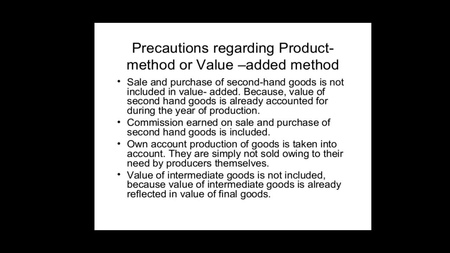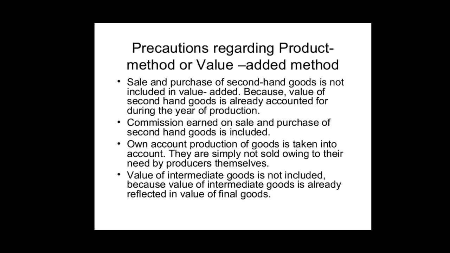Dear students, while measuring the national income by using the value added method, certain precautions should be taken into account, such as sale and purchase of second hand goods is not included in the value of output because the value of second hand goods had already been included in the financial year in which they were produced, and they are not counted as a part of current flow of goods and services.